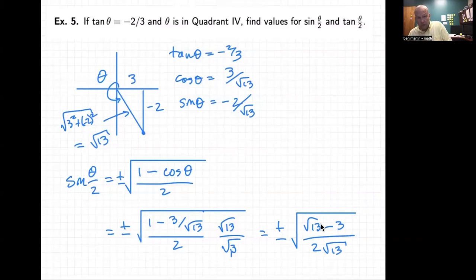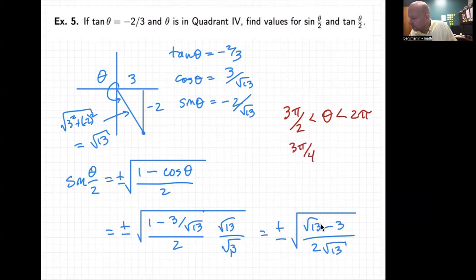Now we need to figure out the plus or minus, right? So remembering that theta is in the 4th quadrant, that means that, I'll write this in red, 3 pi over 2 is less than theta is less than 2 pi. Okay? If you divide that by 2, 3 pi over 4 is less than theta over 2 is less than pi. So less than pi, but more than 3 pi over 4.